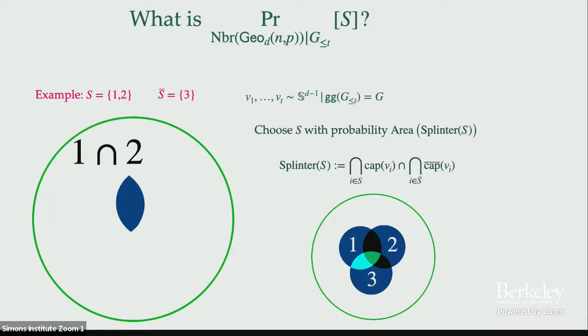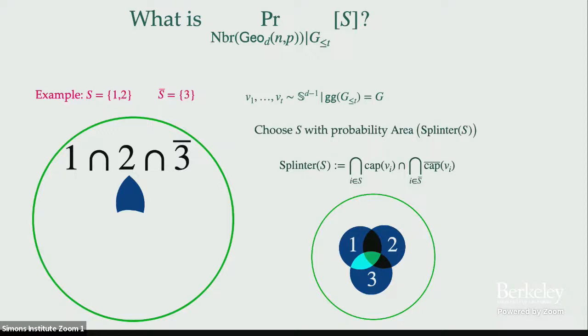We sample V2 at some point. Now the splinter we're interested in, that eventually generates the splinter of S, is this intersection between 1 and 2. And in the third step, when we sample vertex V3, because 3 is not in S, we care about its intersection with 3 complement.